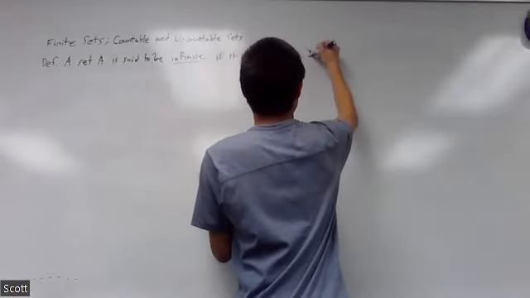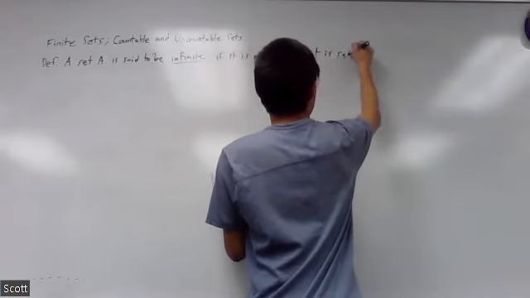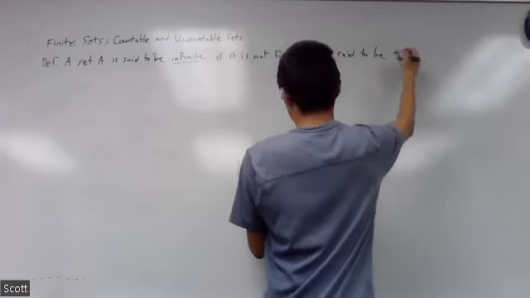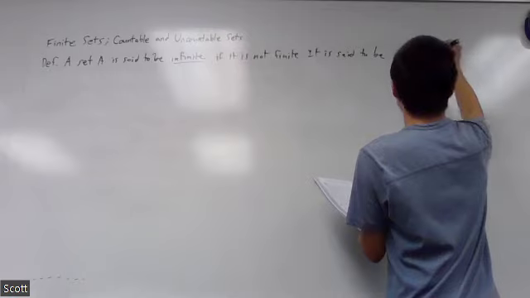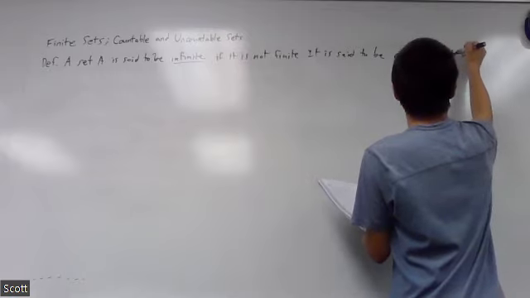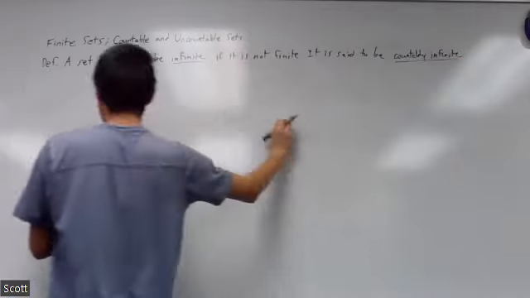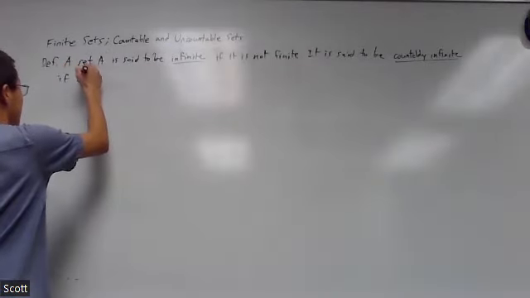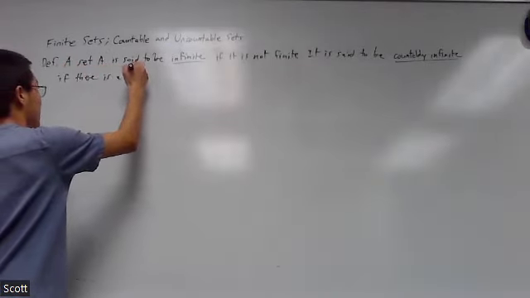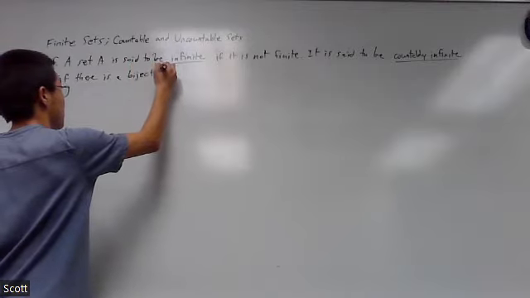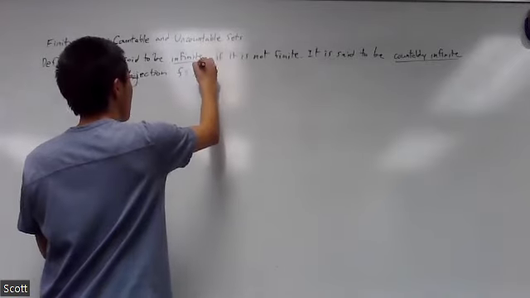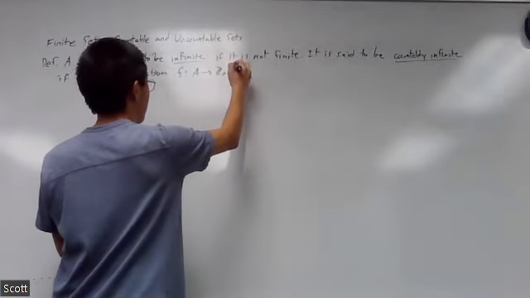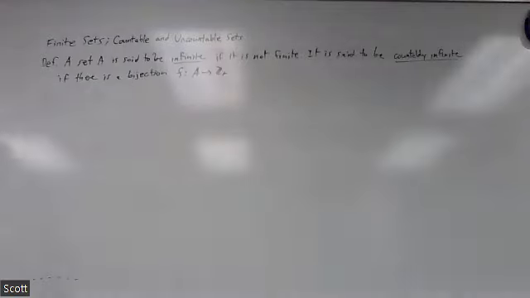And then it is said to be countably infinite if there is a bijection. So they're going to reuse the idea intuitively in some sense. Now instead of going to a section, we just go to the positive integers. So they probably saw that coming.